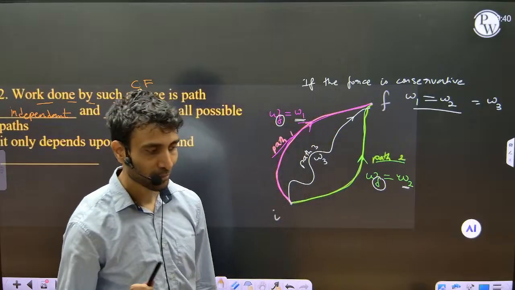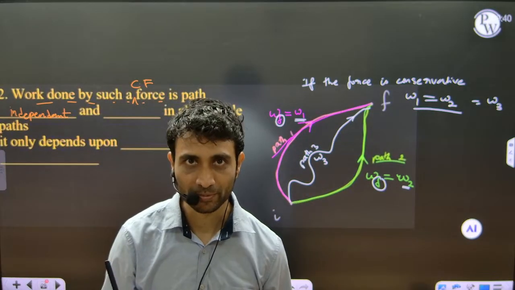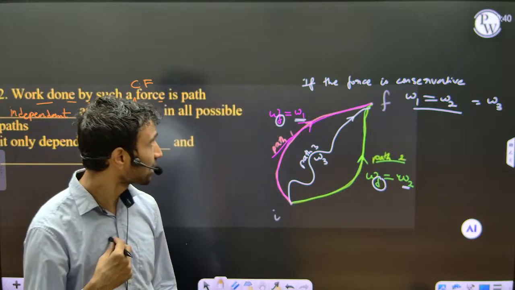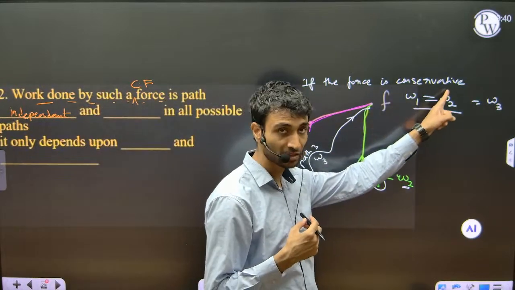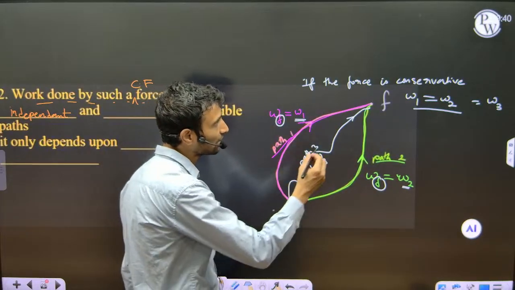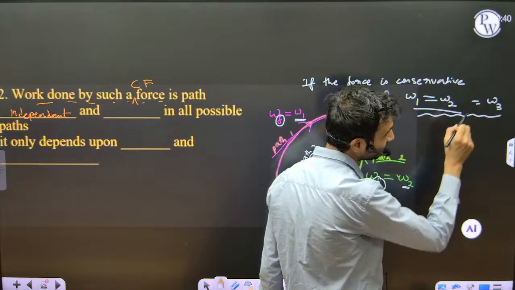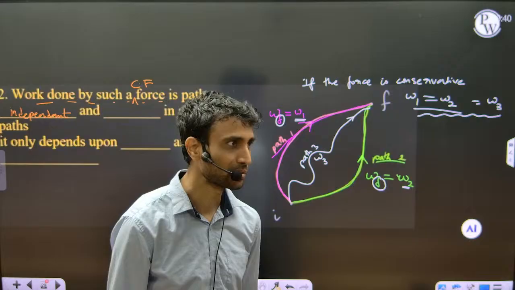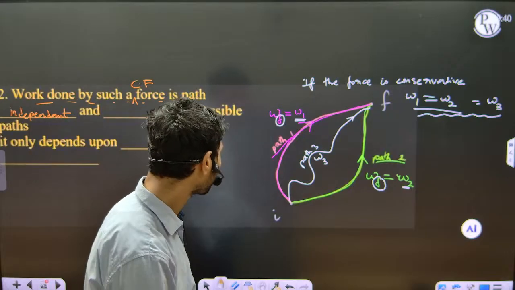So that's my point. No matter what path you take, as long as the force is conservative, work done by those forces will all be equal. W1 will be equal to W2 will be equal to W3, right?